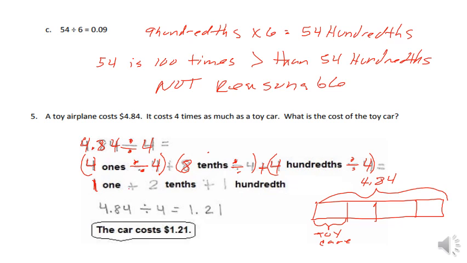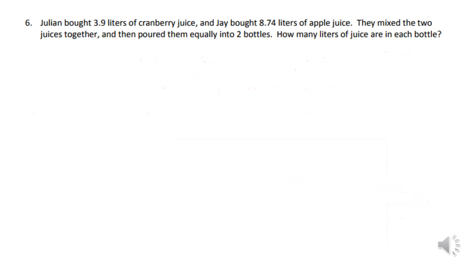You can distribute it out. Now you have 4 ones divided by 4 is going to be 1, plus 8 tenths divided by 4 is going to be 2 tenths, plus 4 hundredths divided by 4 would be 1 hundredth. So we can say that $4.84 divided by 4 equals $1.21: 1 one, 2 tenths, and 1 hundredth.